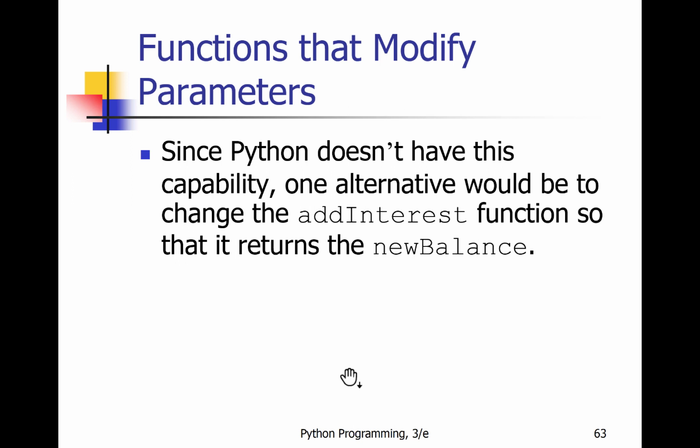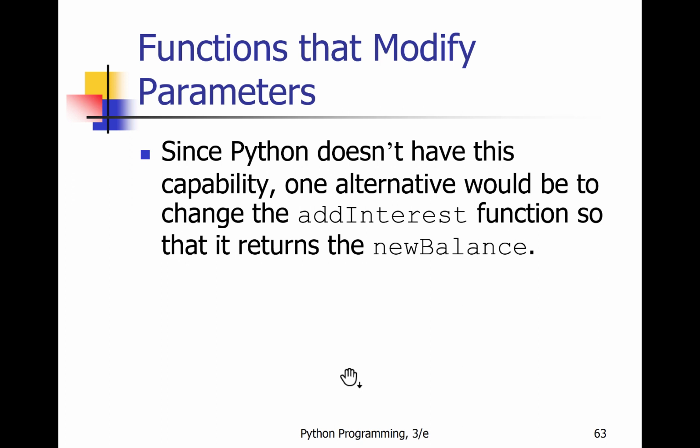Since Python doesn't have this capability, one alternative would be to change the add interest function so that it returns the new balance. This is usually the way that you solve this. It's considered polite not to be changing the values that you're passed. By convention, according to good practice, if somebody passes you an actual parameter, unless the definition of your called code implies that you're going to change the actual parameter that you're passed, then you ought not change it, even if you could.